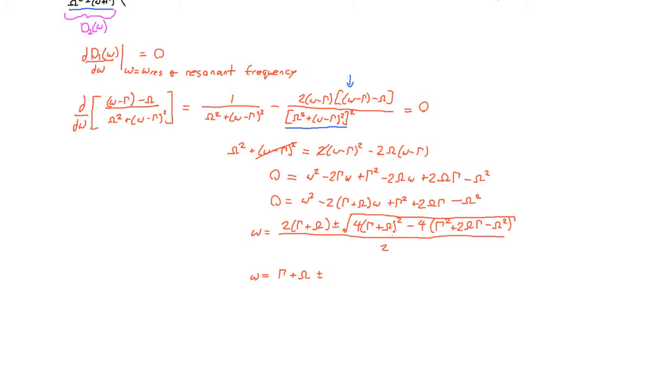We have an omega squared here, and we'll have a plus omega squared here, so it'll be a plus 2 omega squared, and then we'll have plus 2 gamma omega, which will cancel out with this guy, so we'll be left with plus 2 omega squared. Okay?